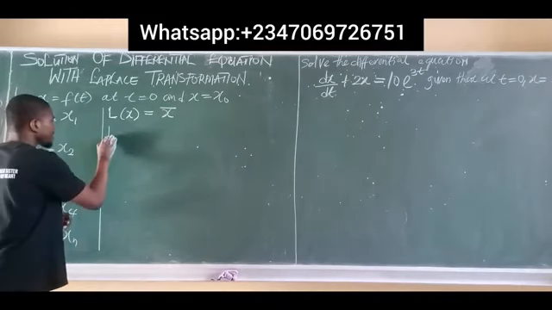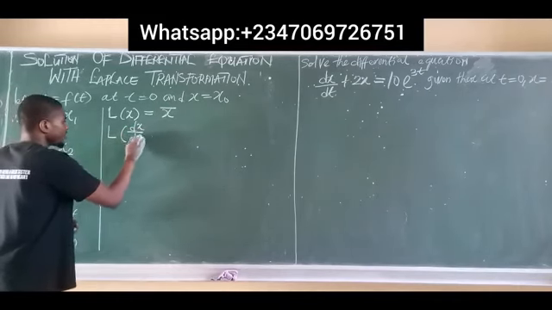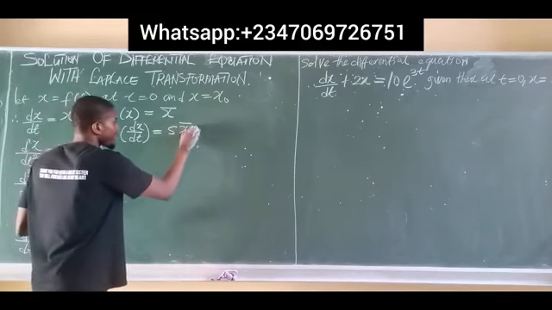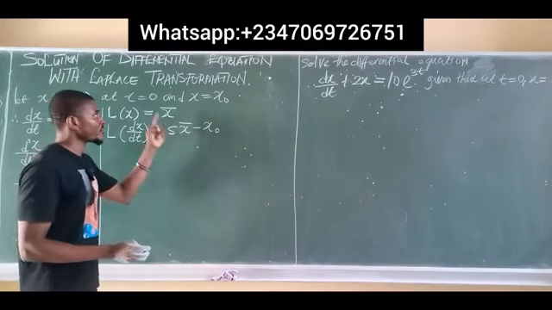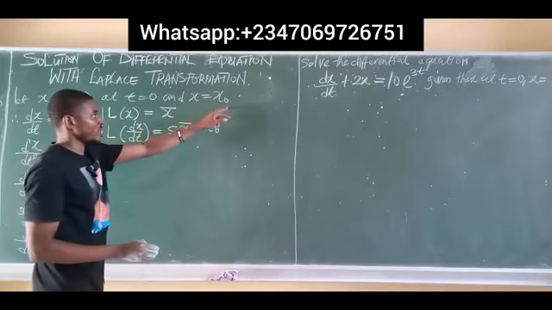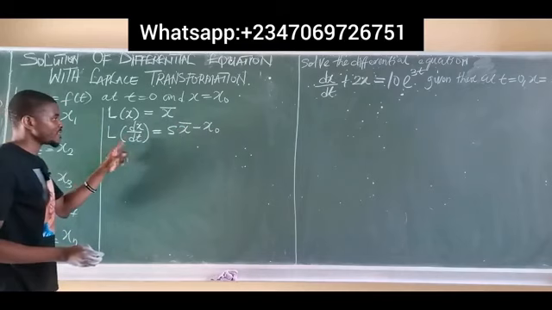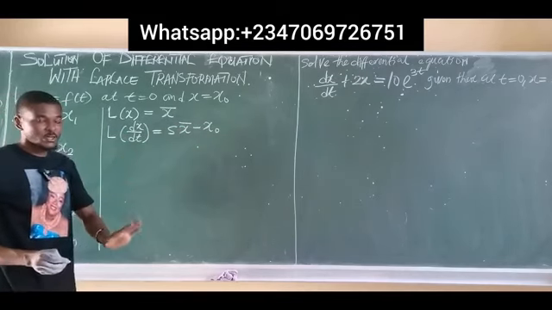Next, the Laplace transformation of dx/dt is simply taken as s times x bar minus x naught. Remember, x naught is obtained from the initial condition: when t is equal to 0, x is equal to x naught. So the Laplace transformation of dx/dt is s times x bar minus x naught. Always know this.